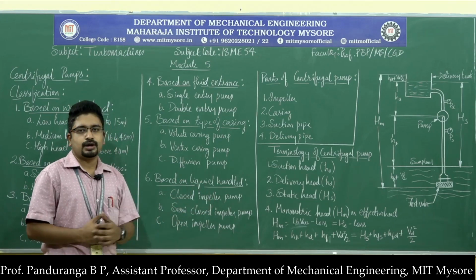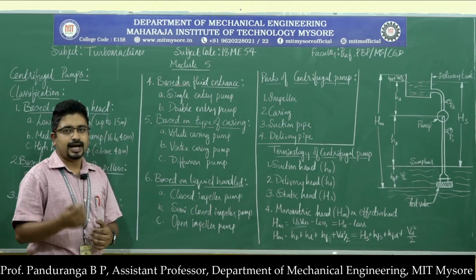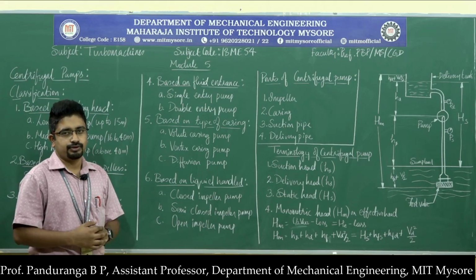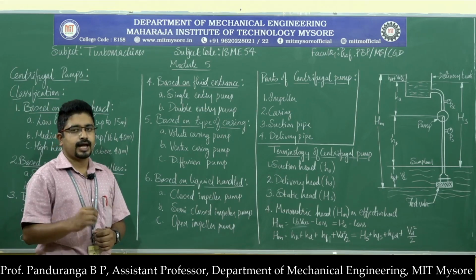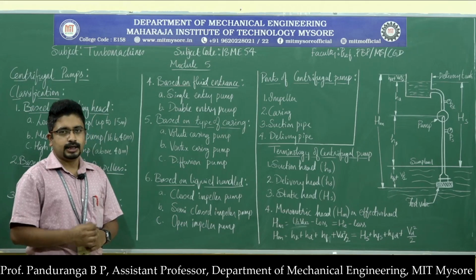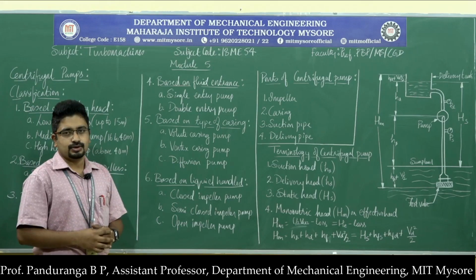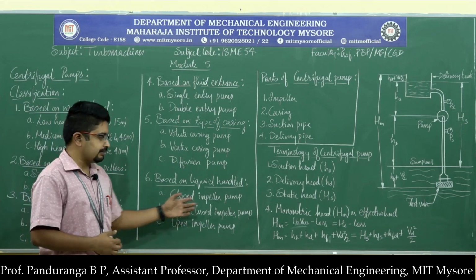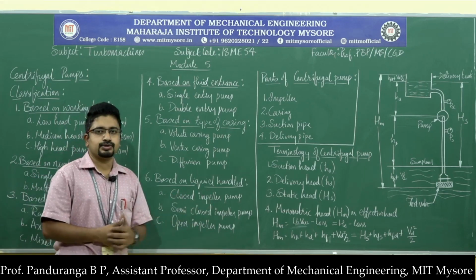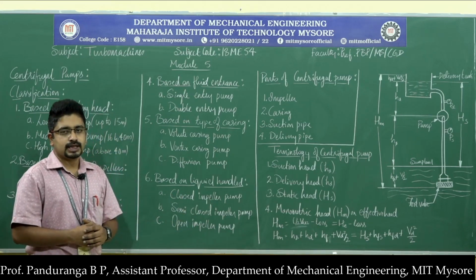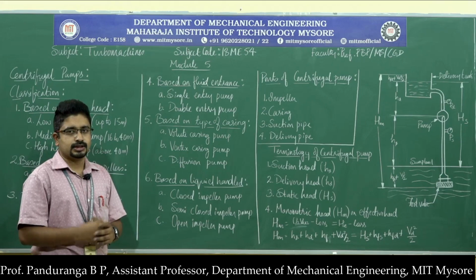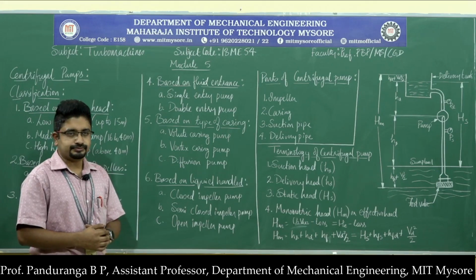Closed impeller pumps are used when you are handling very low viscous fluid. When you are handling low viscous fluid, it flows very easily, so you can have a closed impeller. Closed impeller pumps are used for liquids which have very low viscosity, for example water.